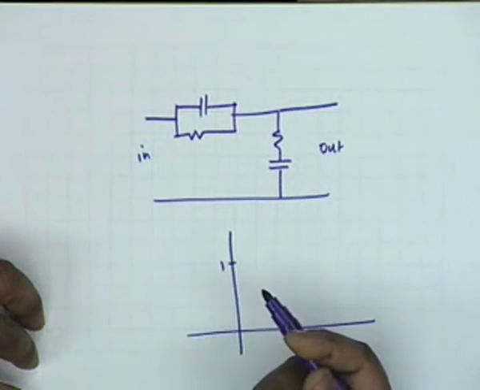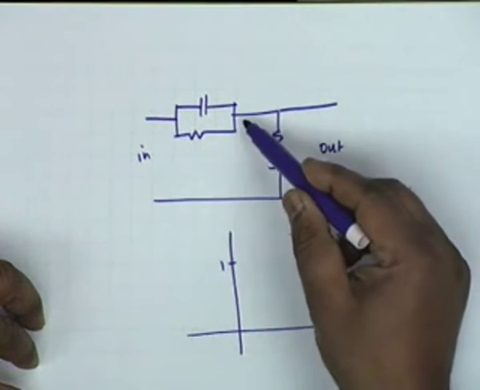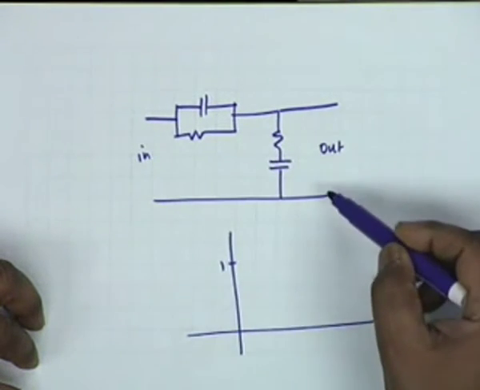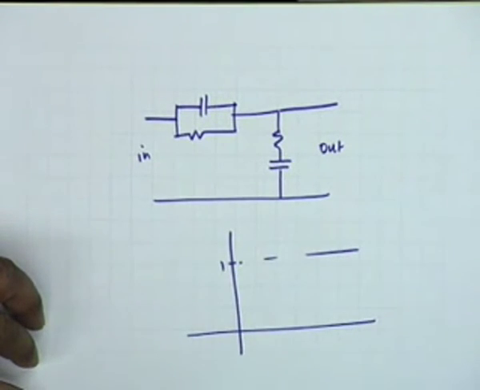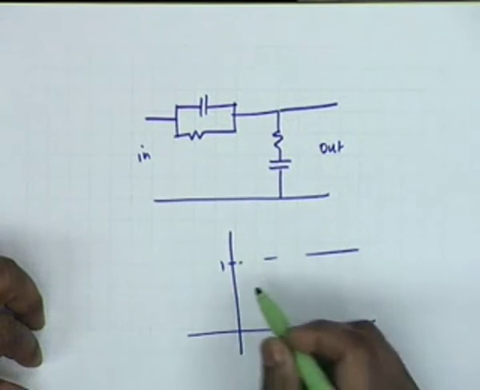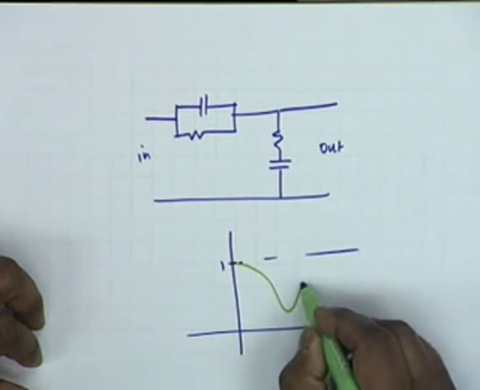At infinite frequencies this acts as a short, and therefore anything you connect here shall appear at the output. So at infinite frequencies also the response shall be 1, and in between therefore there must be a minimum, something like this.